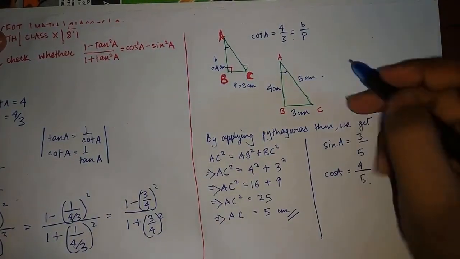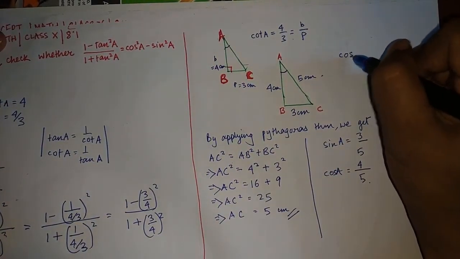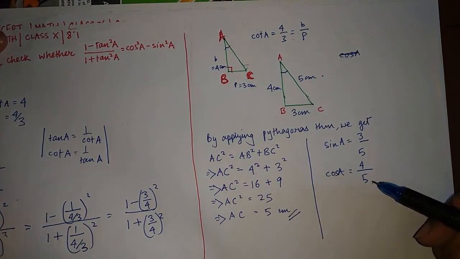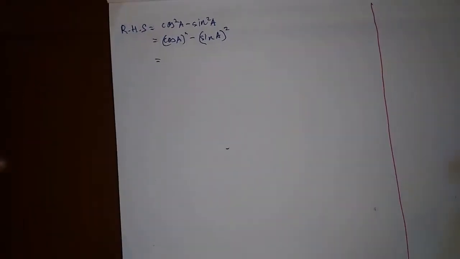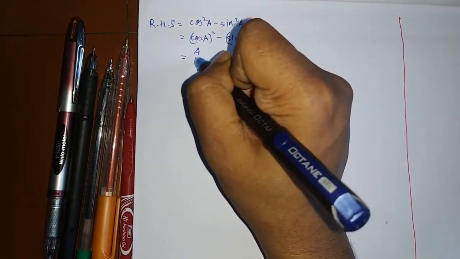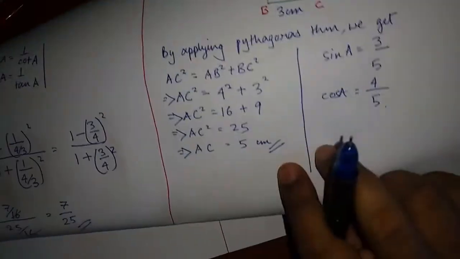Let's see. So this is the given triangle. What will be the cos A here? Oh, you have already found the value. The value of cos A is 4 by 5 and the sin is 3 by 5. Just plug in the values. I forget little things. What is the value of cos A? It's 4 by 5. You can already see in here.